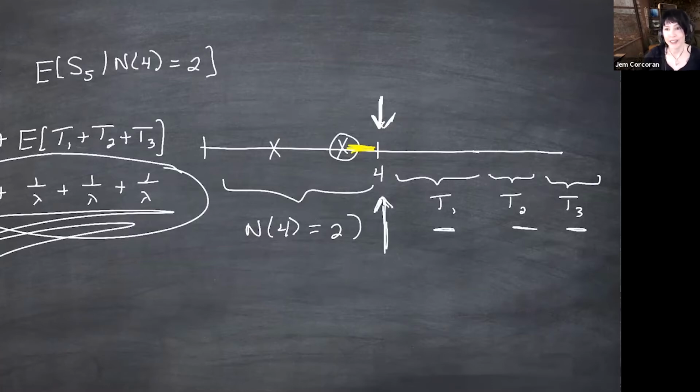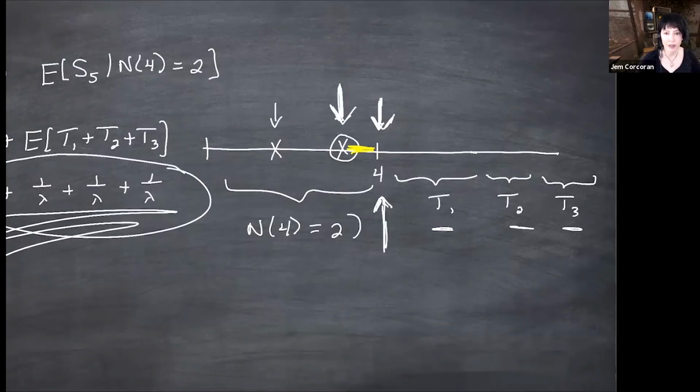It's like an order statistics problem, because if you know there's been 2 arrivals by time 4, you can find this time and this time. They're going to be distributed as the min and max of 2 uniforms. And then you could condition off of this time if you did it that way. I don't think I want to drag the class through that, but we can talk more about it in office hours.